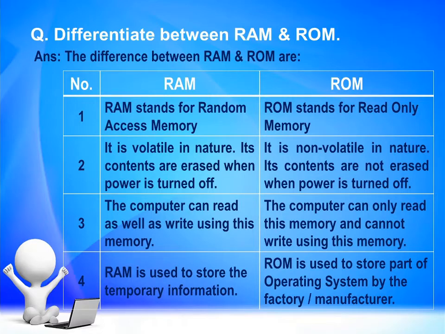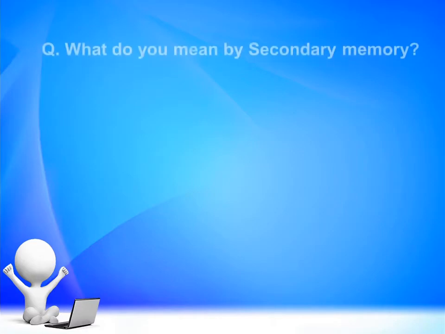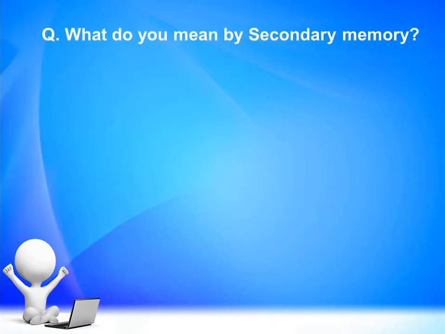Now, the fourth point, RAM is used to store temporary information, whereas ROM is used to store part of the operating system by the factory or manufacturer. Next, what do you mean by secondary memory?